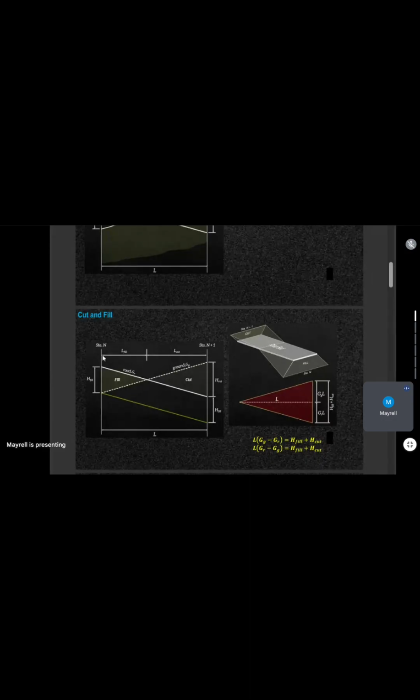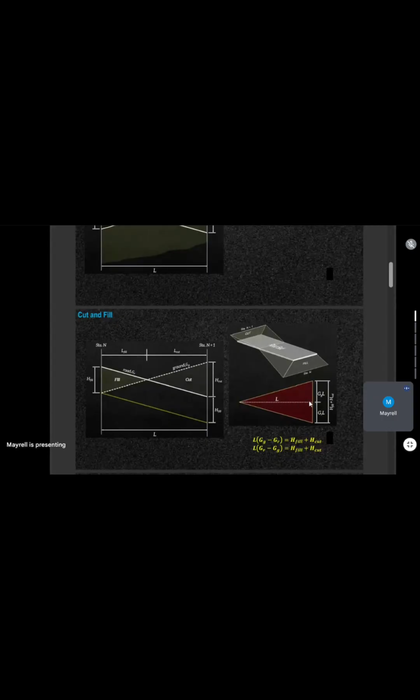Okay, so this is the length fill and this is the length cut. So you have this triangle where this is H fill plus H cut, and then this is the total length.